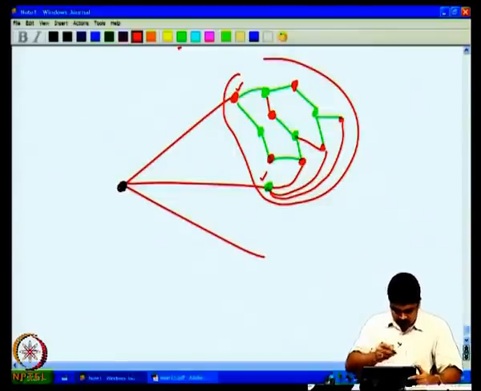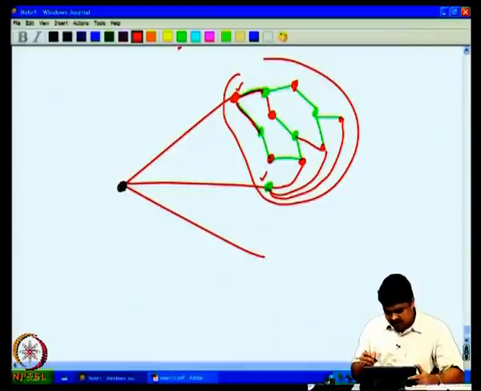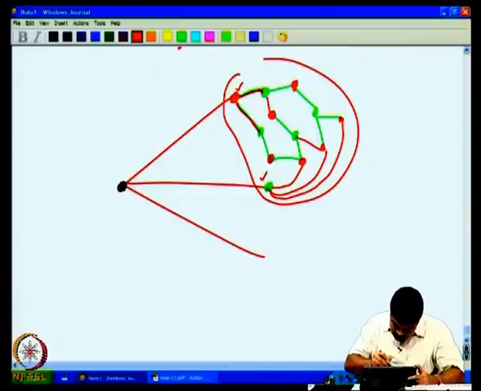If you look at this carefully, is it possible to have two green neighbors, as I drew here, for this red vertex? If it has two green neighbors, then as far as this vertex is concerned, how many neighbors does it have in this graph?